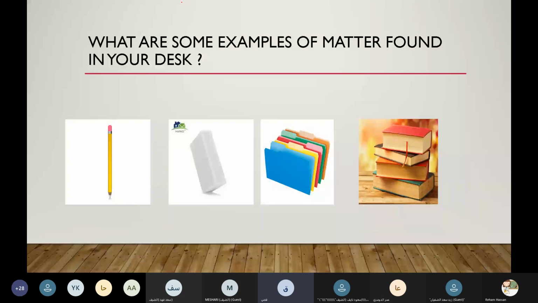A book? You have a book? Yes. Can you describe your book for me? Tell me about your book. What is the color of your book? White. Okay. Is it big or small?